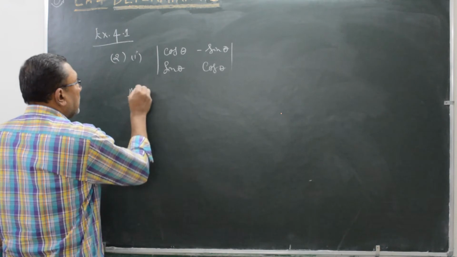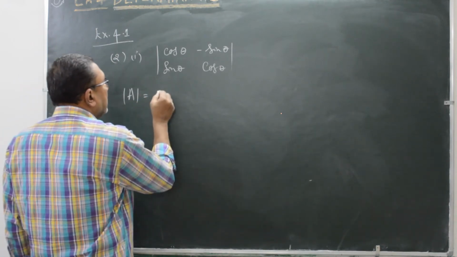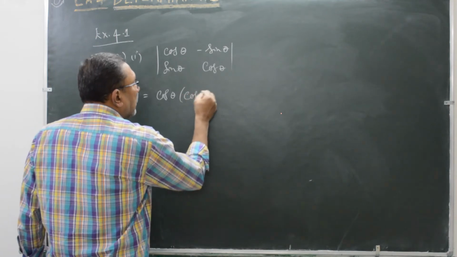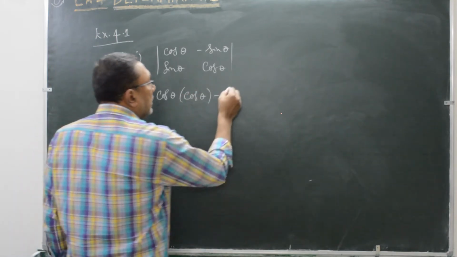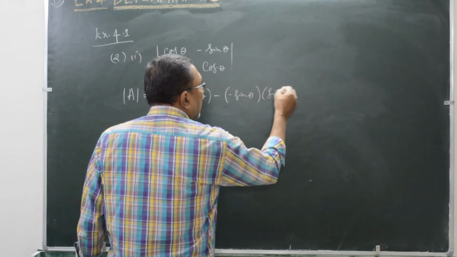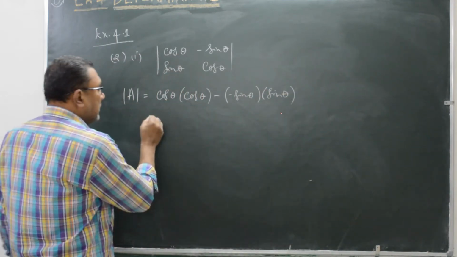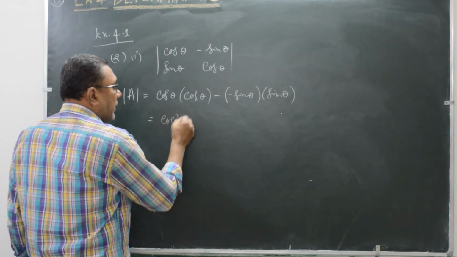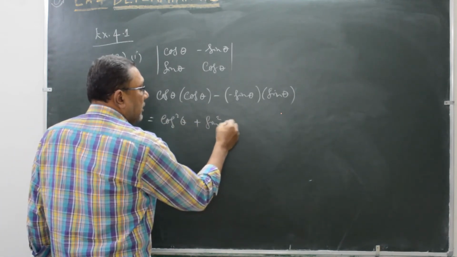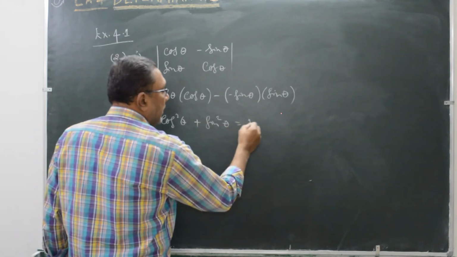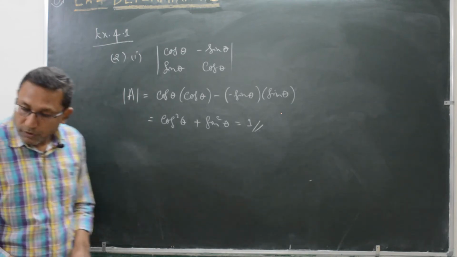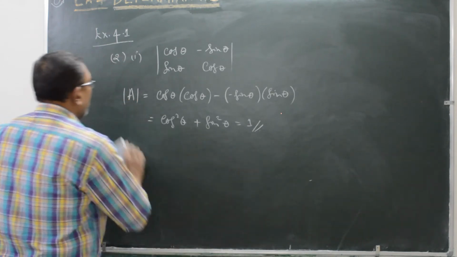So the determinant value is cos theta into cos theta minus sin theta into sin theta. What happens? This is cos square theta, minus into minus plus sin square theta. This is obviously 1, right. This is the solution for the second problem, first sub question.